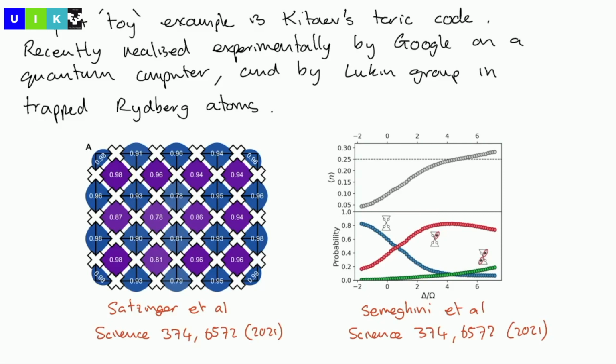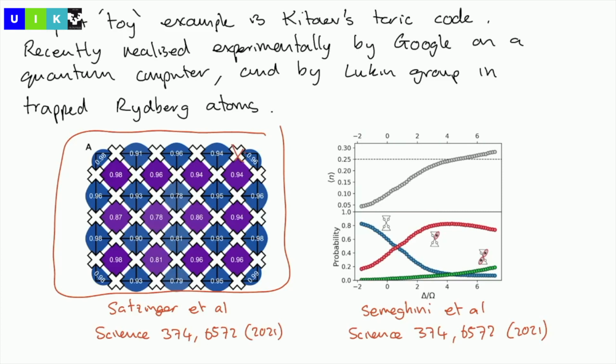And this was recently realized experimentally by Pedram's group at Google. Also, I was lucky enough to be part of that collaboration where we realized the toric code on this system here. So you'll recognize this kind of picture from Pedram's talk, where these crosses are the qubits. So we realized the toric code ground state and played around with these anyonic excitations of the toric code.